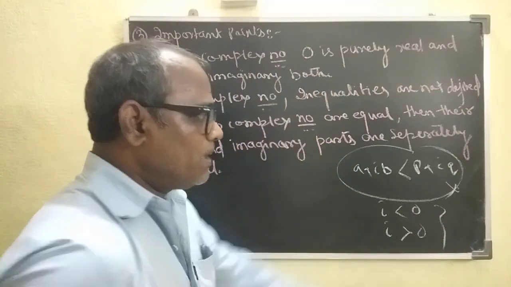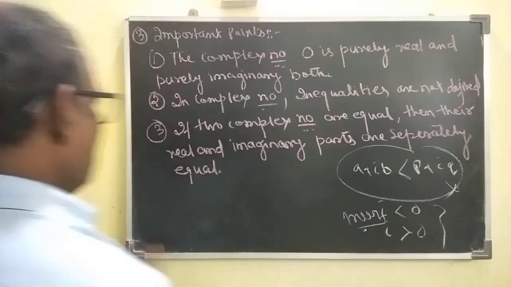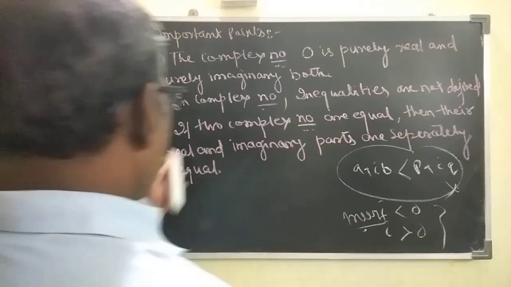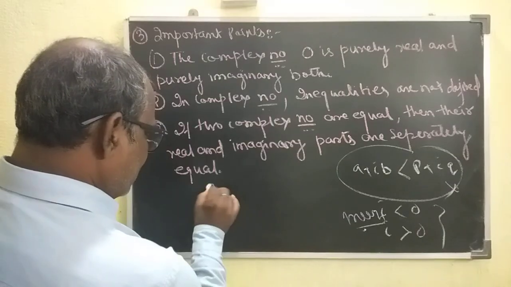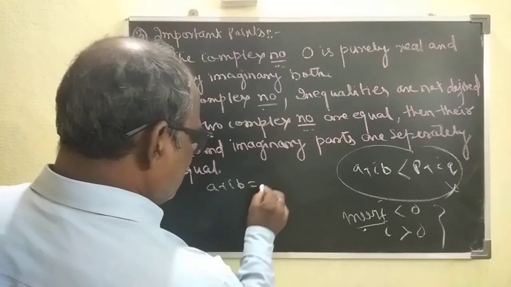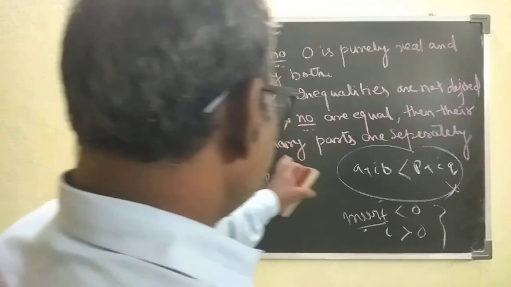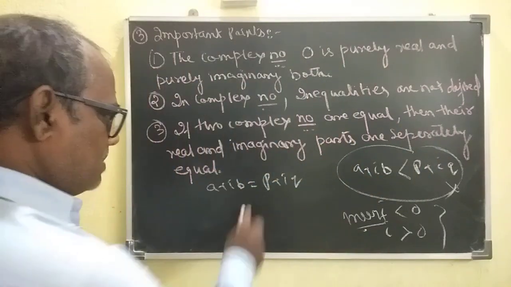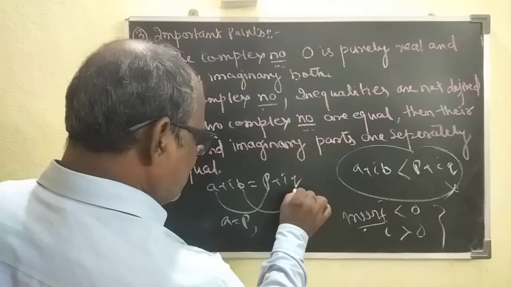So these all become meaningless. Next, if two complex numbers are equal, let us say a plus ib equals p plus iq, then their real and imaginary parts are separately equal. That means a must be equal to p and b must be equal to q.